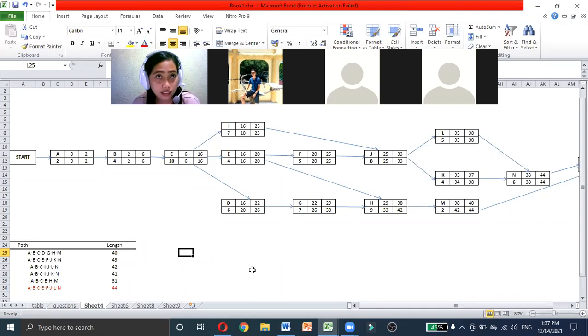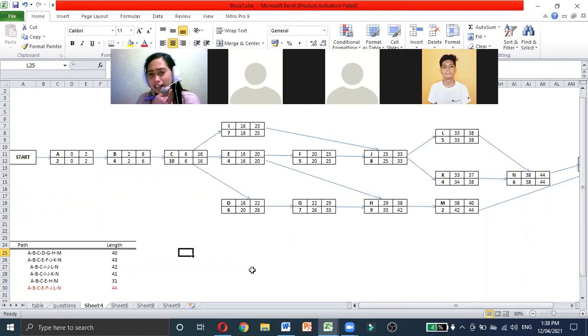The longest path in the project network. That's the most perfect term for it. Once we are done looking at the critical path, we check its slack. Why is it the longest path? It's because its slack is 0.